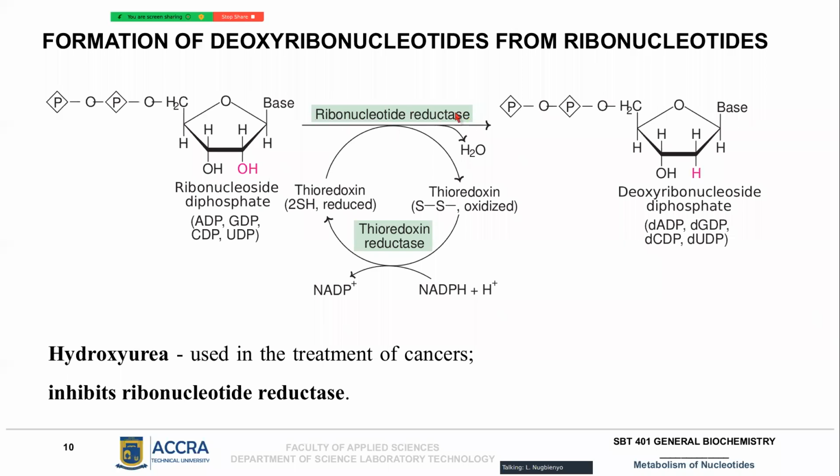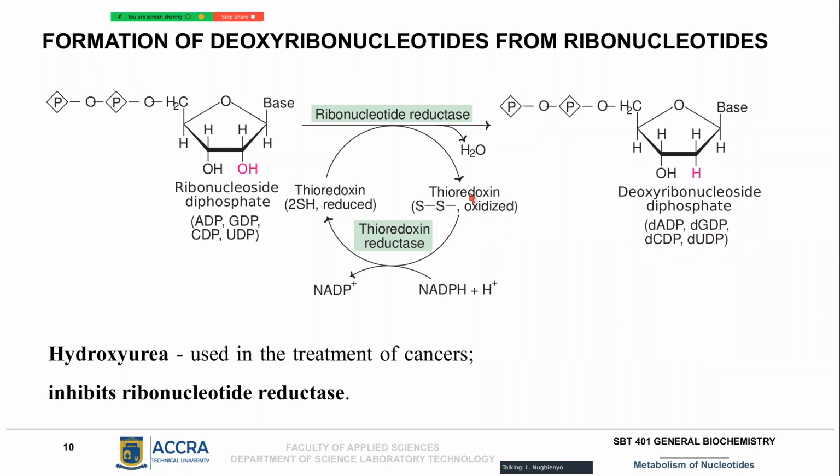If you are classifying this, of course, this will be an oxidoreductase, the first group of the enzymes which we saw. And even if you look further, you see that this enzyme has a coenzyme, which is thioredoxin.